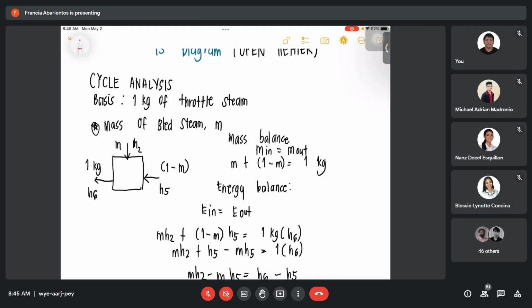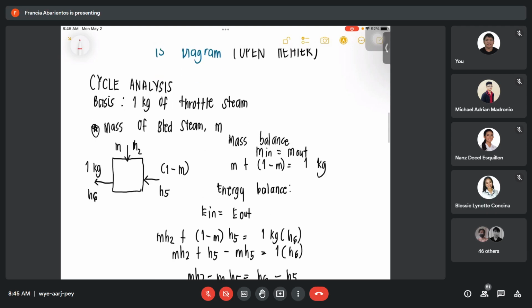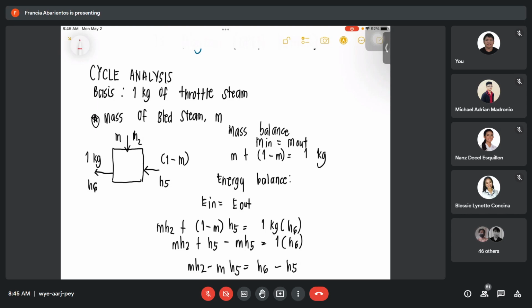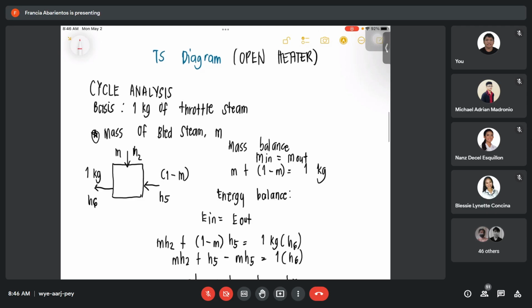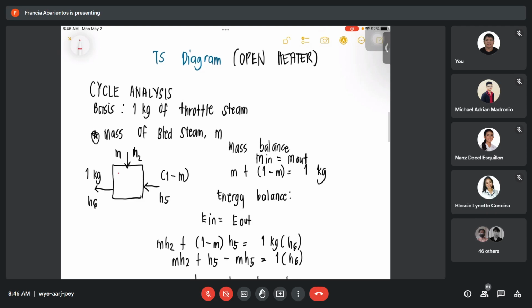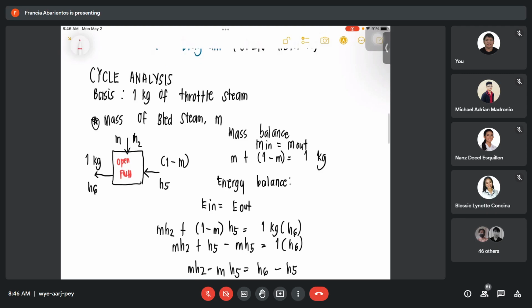So, we will now have a mass balance. Before, it was energy balance; now we have the mass balance. Considering the open feed water heater. This applies only to the open feed water heater, class. It is easier to solve a cycle with an open feed water heater. So, for the mass balance, the entering mass is equal to the mass leaving the system.